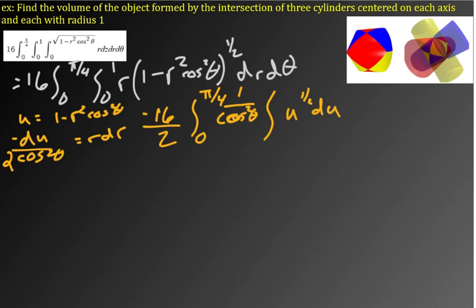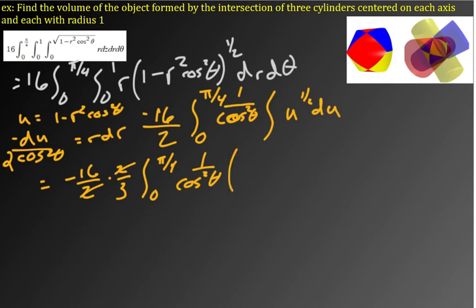And so then you'll get u to the 3/2 over 3/2, or multiplied by 2/3. So it's actually pretty nice, because if you multiply by 2/3, some 2's are going to cancel eventually. And then 0 to pi over 4, this thing. And then we've got u to the 3/2, but u is 1 minus r squared cos squared theta.